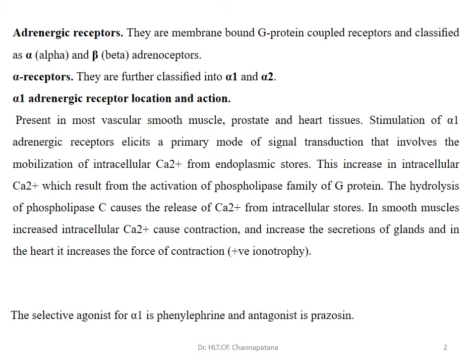The selective agonist for the alpha 1 adrenoreceptor is phenylephrine and the antagonist is prazosin.